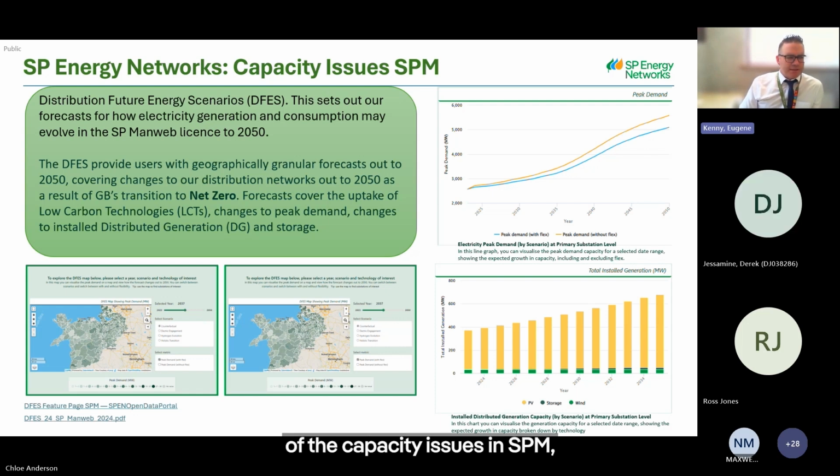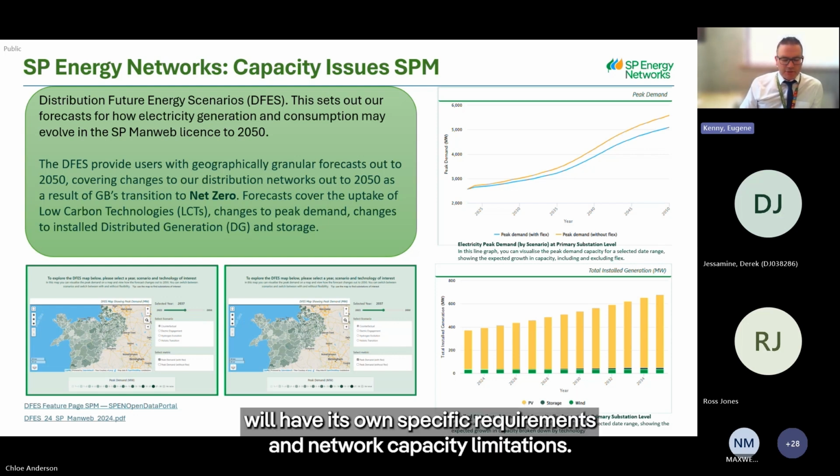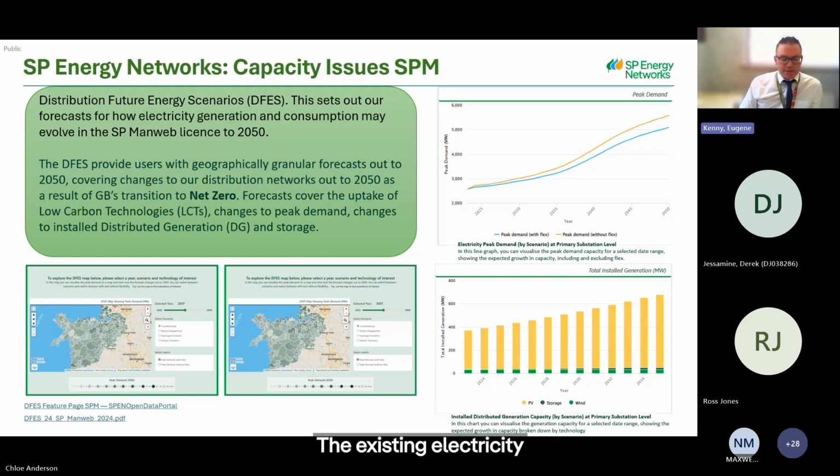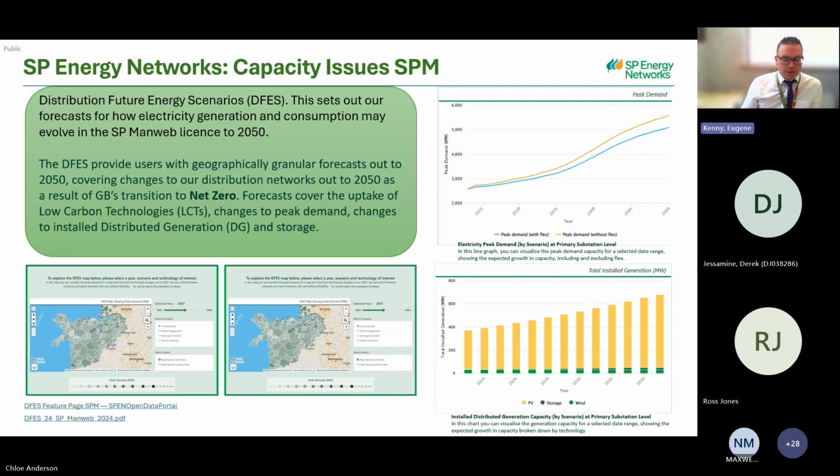In terms of the capacity issues in SPM, it's probably worth starting by saying that each application will have its own specific requirements and network capacity limitations. The existing electricity infrastructure may not be capable of providing the demand or generation you require for your installation.